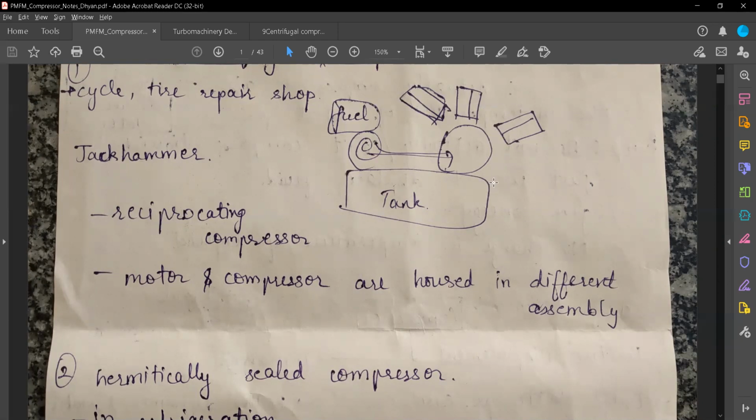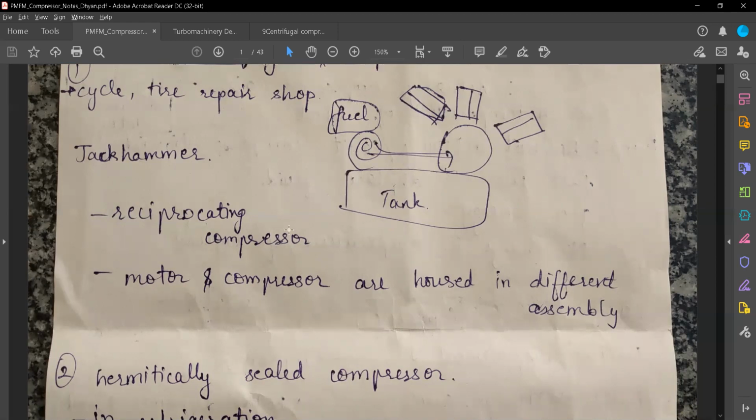They can be 5 bar, 10 bar, 15 bars. So they are good enough. We can use the tank with compressed air for 15-20 minutes, half an hour, depending on our requirement. Later, when the pressure is not enough, we can again start the machine and start compressing the air and store it in the tank.